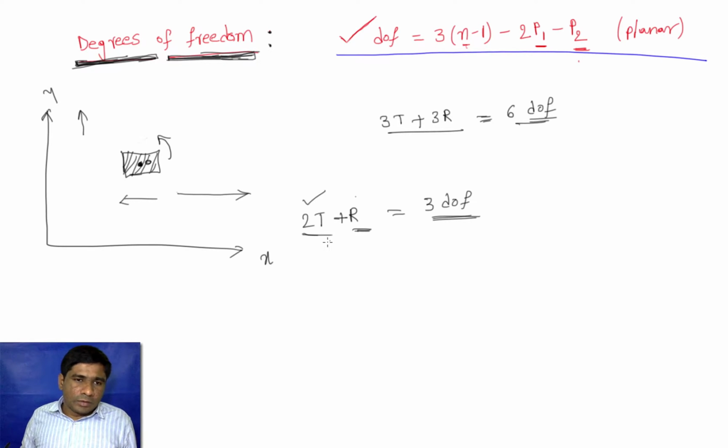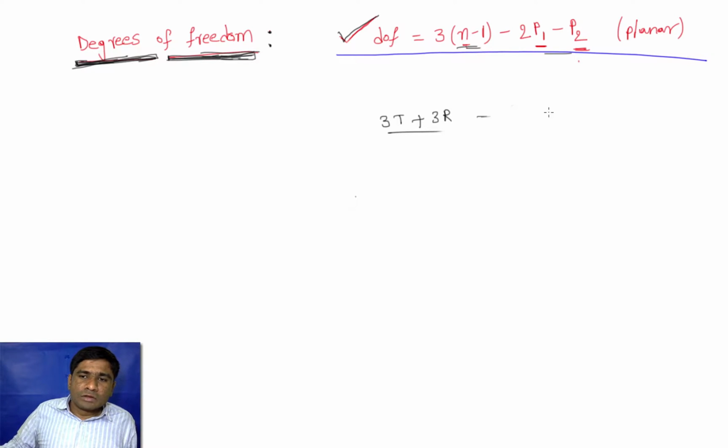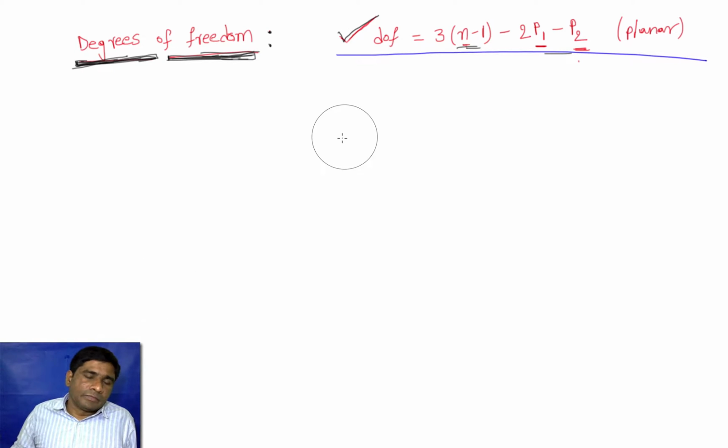And most of the mechanisms that we are going to deal with in this chapter are planar. So we would like to derive these degrees of freedom for the planar mechanisms. Before going into the derivation, I would like to consider some other types of links and the possible degrees of freedom and constraints between those links.